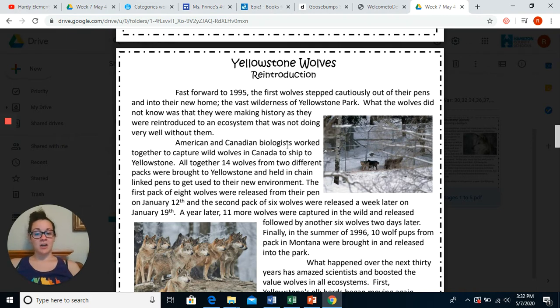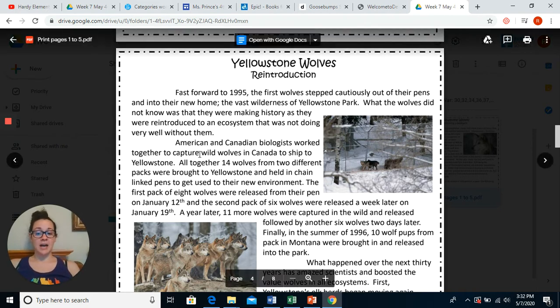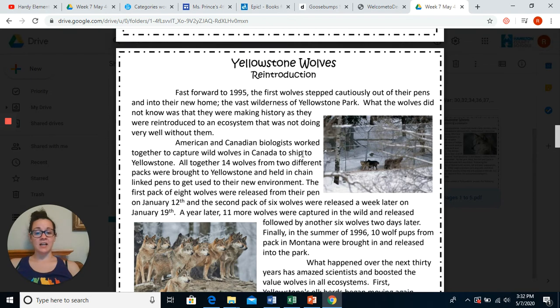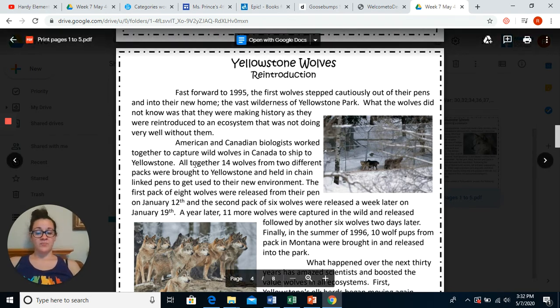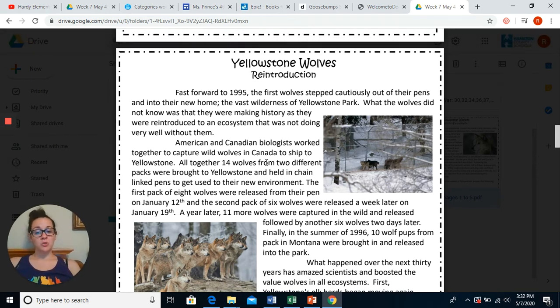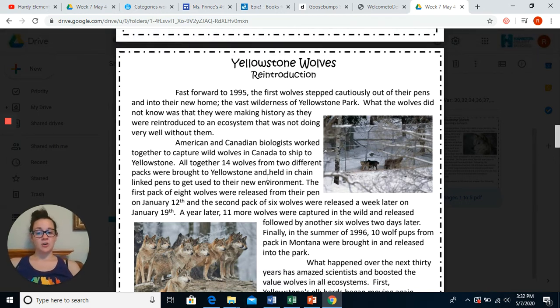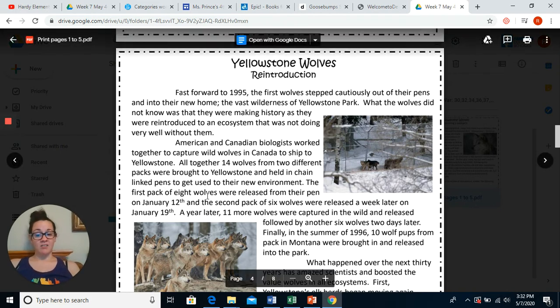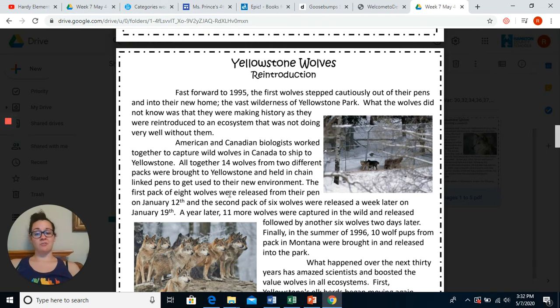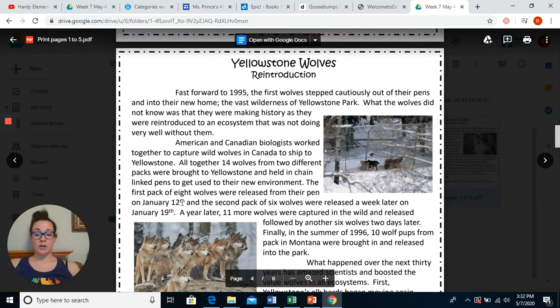American and Canadian biologists worked together to capture wild wolves in Canada to ship to Yellowstone. Altogether, 14 wolves from 2 different packs were brought to Yellowstone and held in chain-linked pens to get used to their new environment. The first pack of 8 wolves were released from their pen on January 12th.